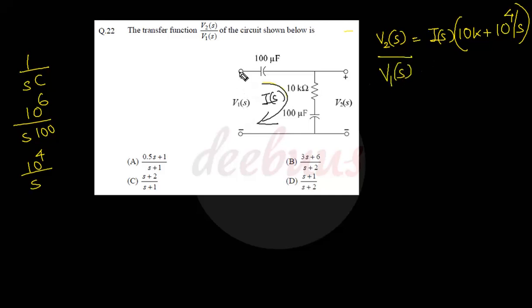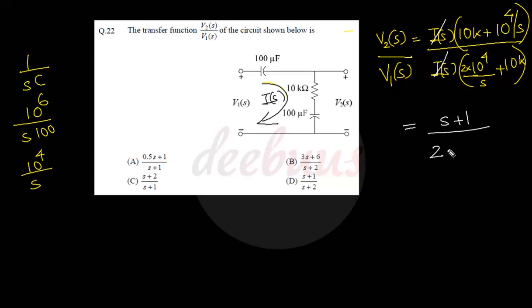V1 of s is the voltage across these 2 points, that is I of s into 10 raised to 4 by S plus 10k plus again 10 raised to 4 by S, so 2 into 10 raised to 4 by S. Now cancelling I of s and I of s and multiplying both numerator and denominator by S, and cancelling 10 raised to 4 because it is common in both numerator and denominator, it will give S plus 1 divided by 2 plus S. So the answer is D, S plus 1 by S plus 2.